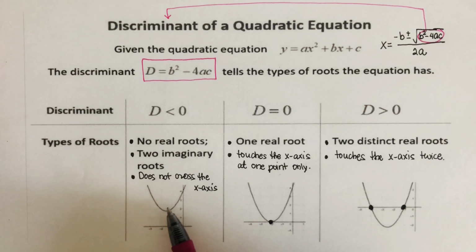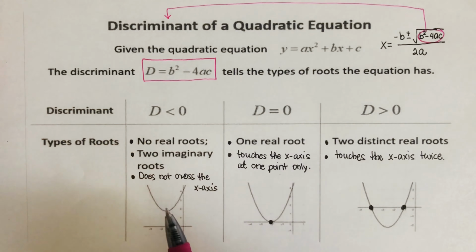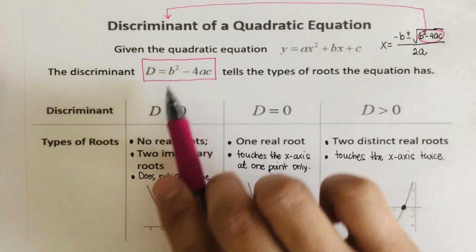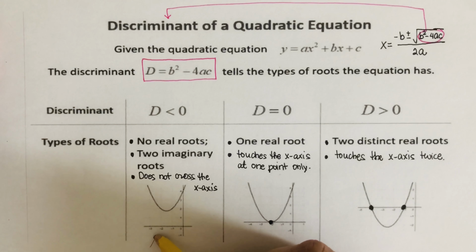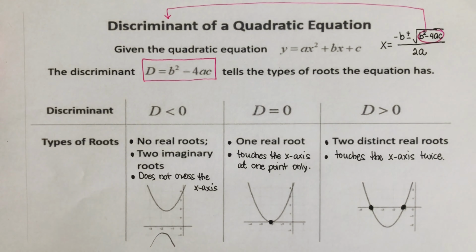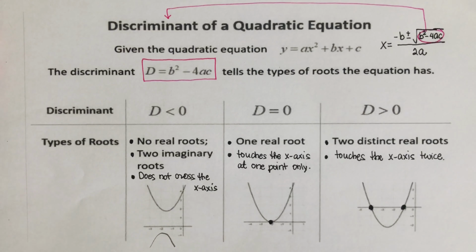We can tell that there's no x-intercept if the discriminant is less than 0. So when we do the math and we get a discriminant less than 0, that means the graph is above the x-axis, or in some other cases, underneath the x-axis, and it does not cross the x-axis.